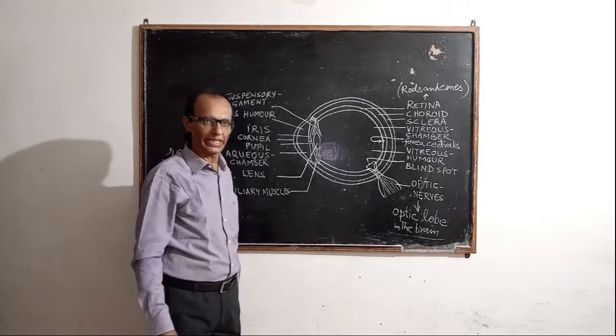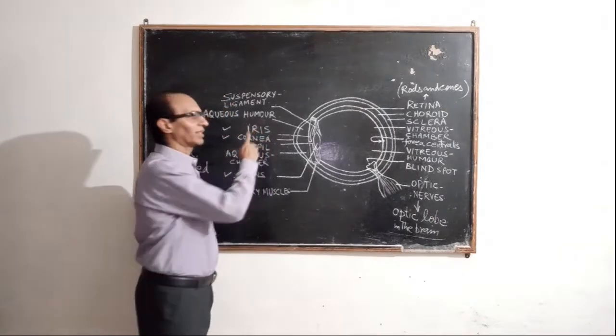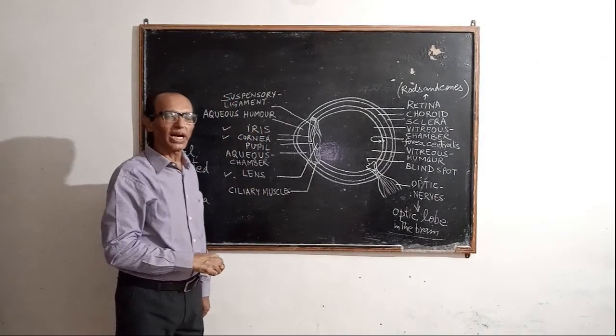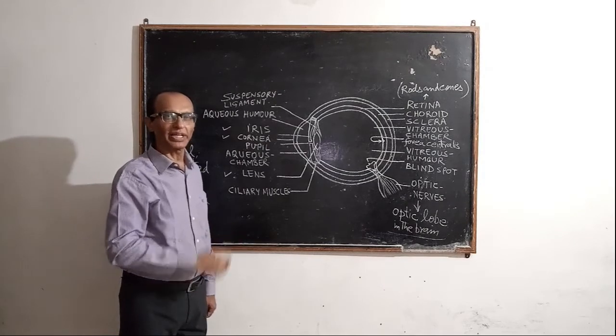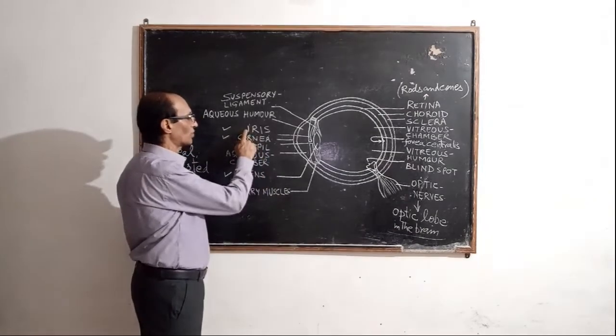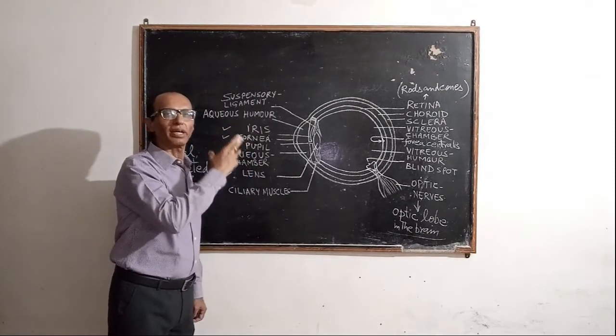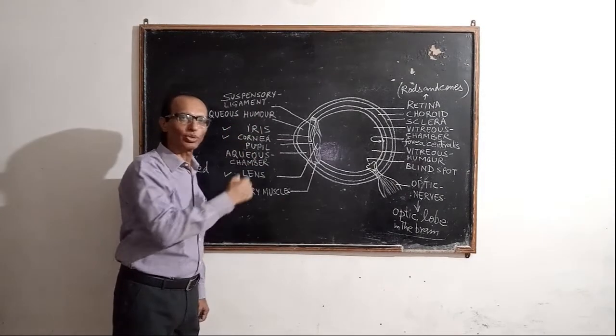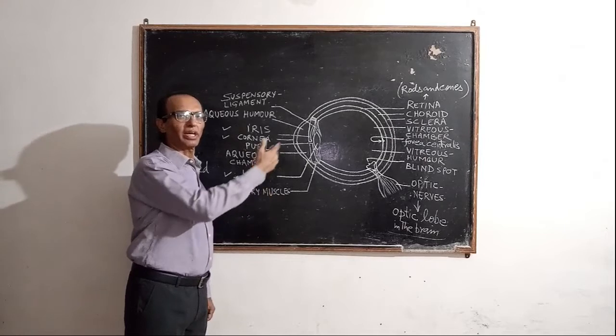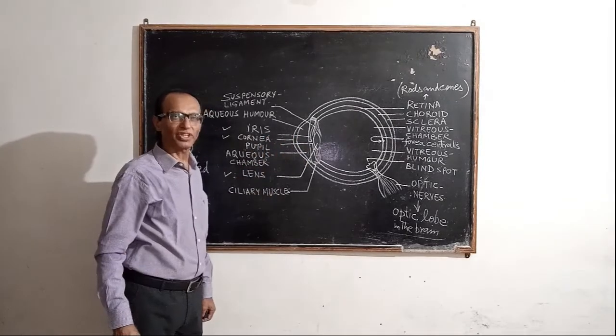But when you are in a dark room, the iris will expand the pupil, letting a large amount of light come in so that the image is perceived distinctly.